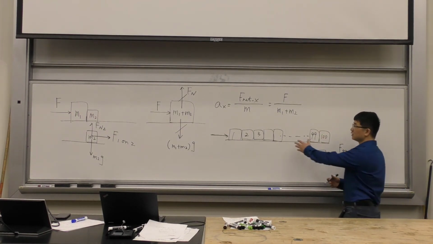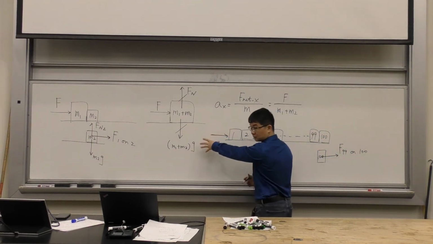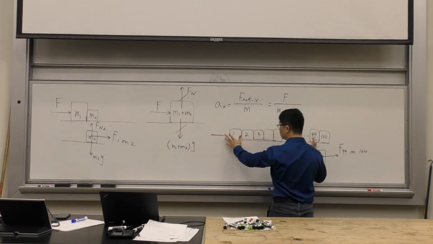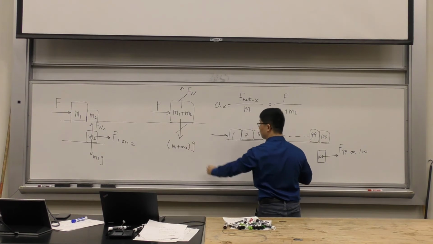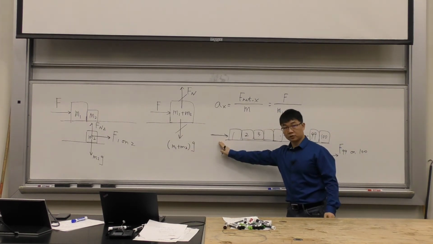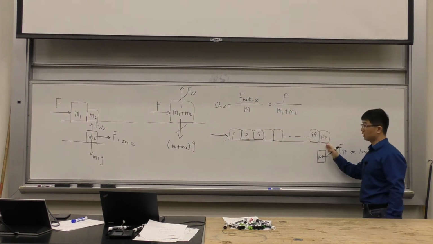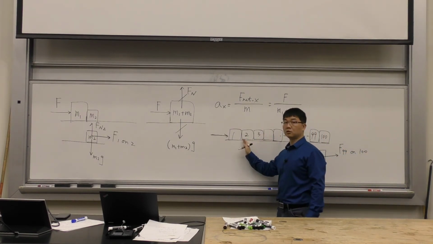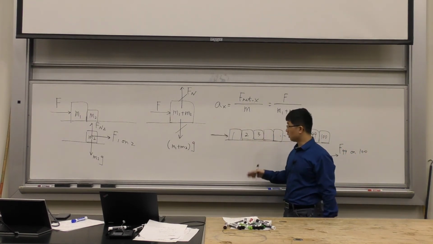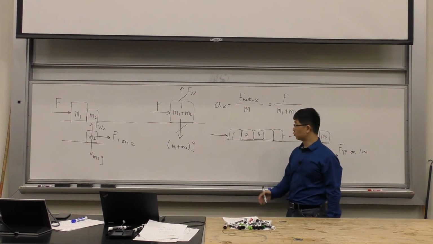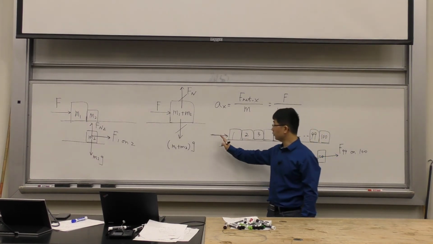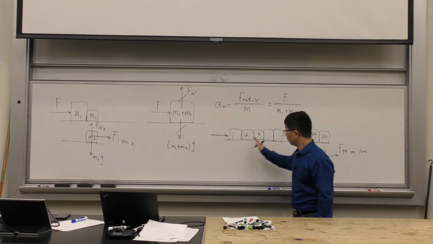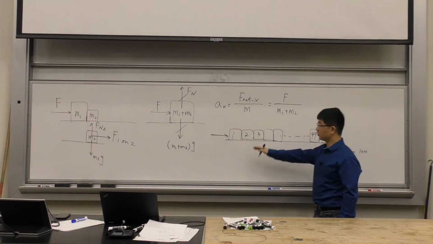It doesn't even know what's going on here. You can have 100, 1,000 blocks here. This force is not directly on this guy, and it's not directly on the second block or the third block. No, it's only directly on the first block. So you don't draw that force directly on any of these guys except the first one.